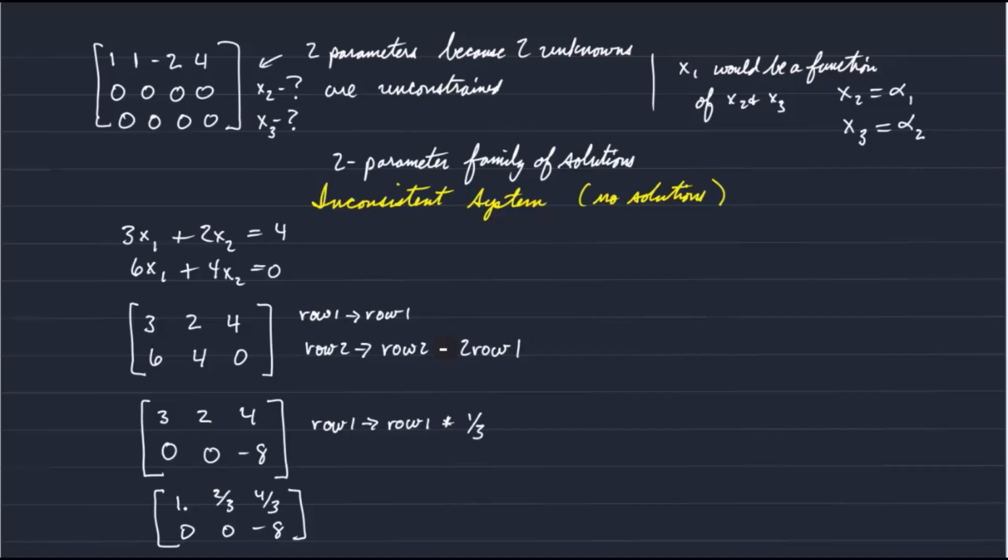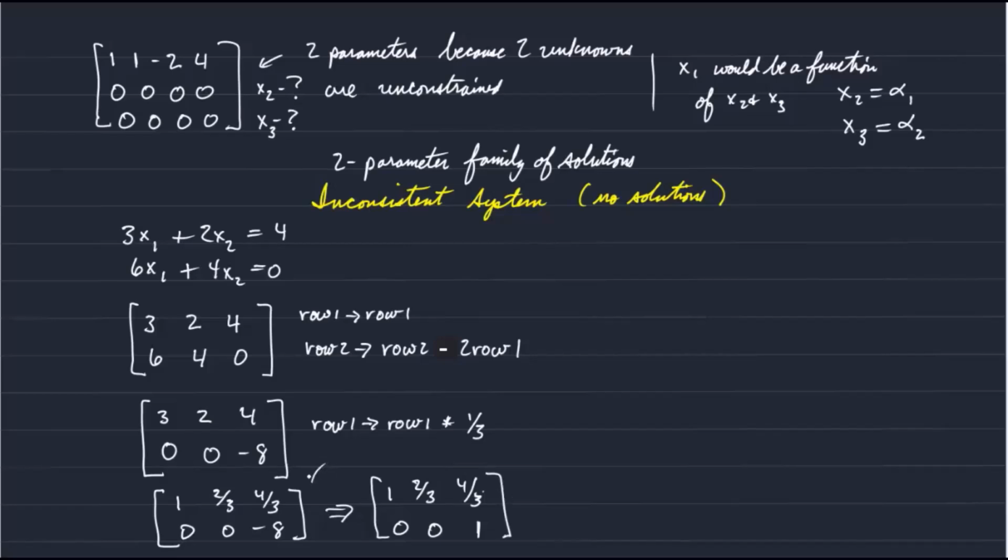And we have our lead 1 in our top row, and I guess we could produce a lead 1 in our bottom row just to be consistent with our process here. We would divide the bottom row by minus 8, or multiply by minus 1/8.